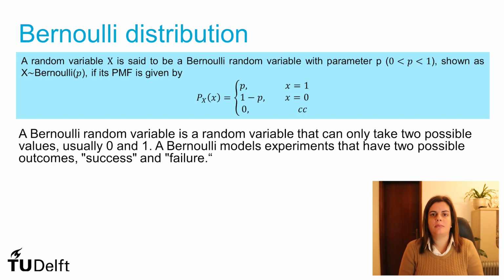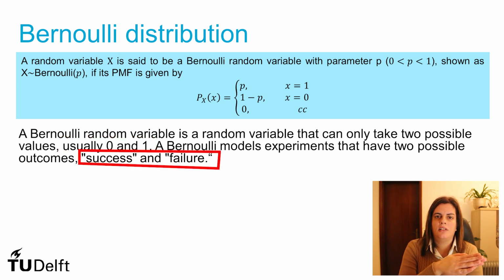A Bernoulli random variable is a variable that can only take two values, either 0 or 1, or any other kind of values that you can imagine, but typically just 0 or 1. Or we also sometimes say that it can either take the value of success or the value of failure.